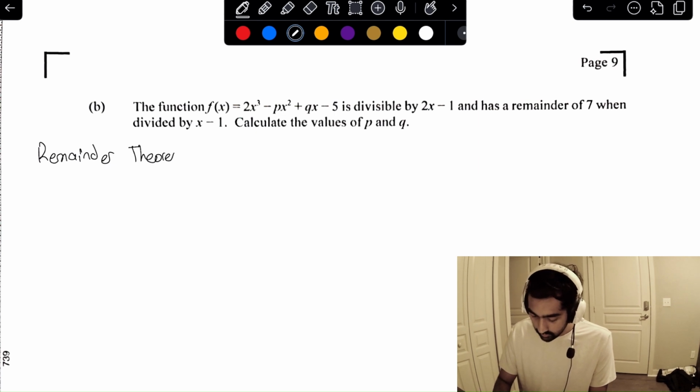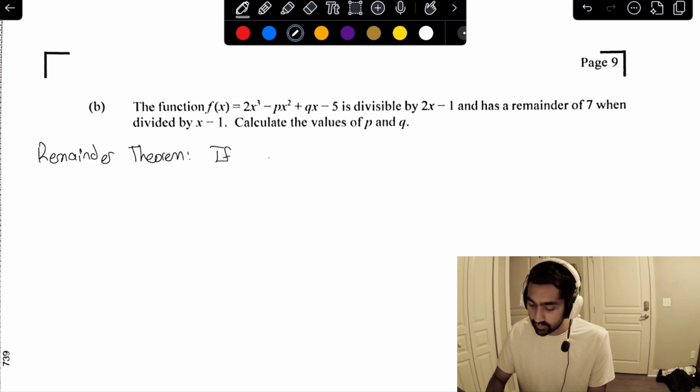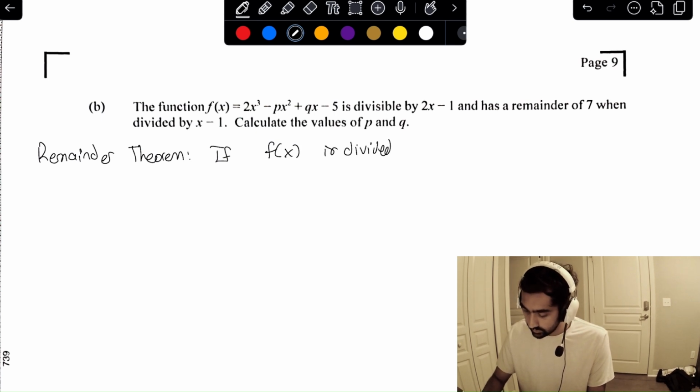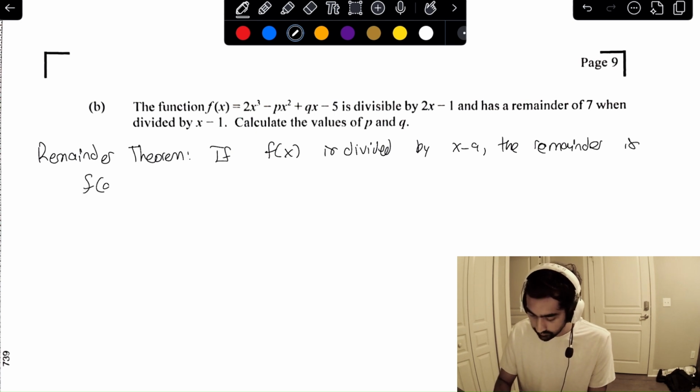Remainder theorem says if f of x is divided by x minus a, the remainder is f of a.